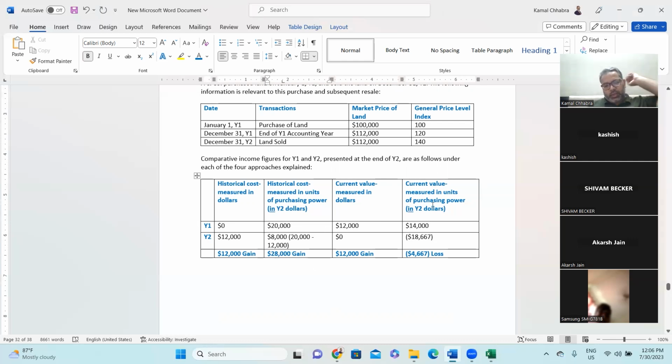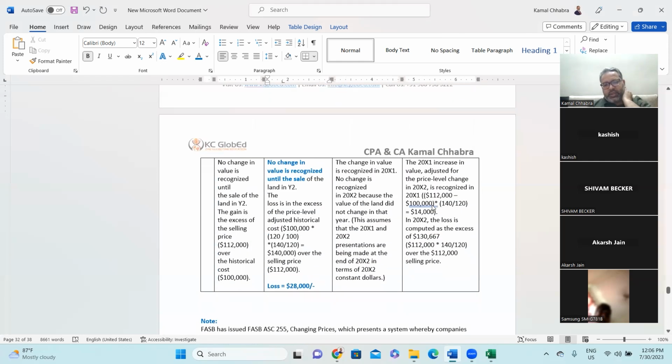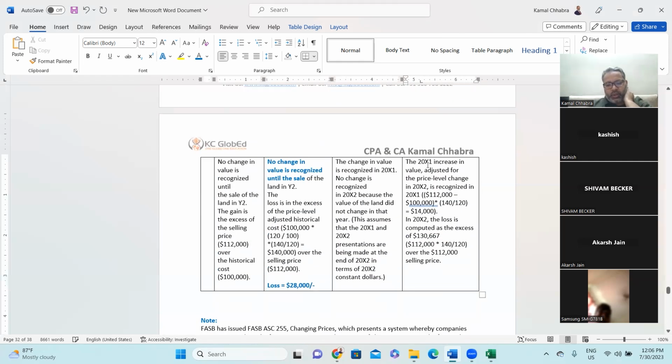Now the last one is 100 in year one: current value measured in unit of purchasing power in year two dollar amount. So let's understand the explanation. In year one, the increase in the value adjusted for the price level change in year two is recognized in year one: 112,000 minus $100,000 multiplied by 140 divided by 120, that is 14,000.